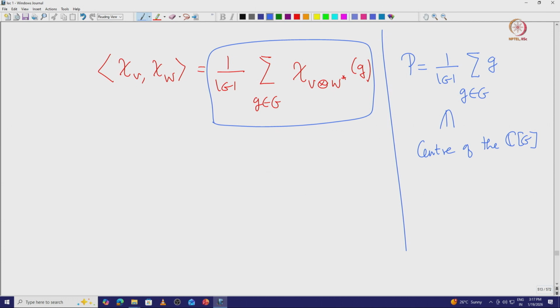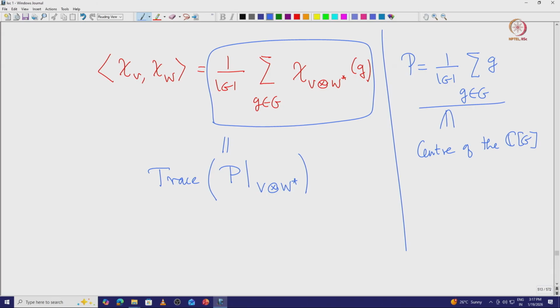The connection is something we have already observed: this right hand side average sum is exactly equal to the trace of this projection operator when you apply it on V tensor W star. This operator acts on any given representation, so make it act on V tensor W star, and the trace is exactly equal to this right hand side. This is something we proved a long time back, and we are going to use it.